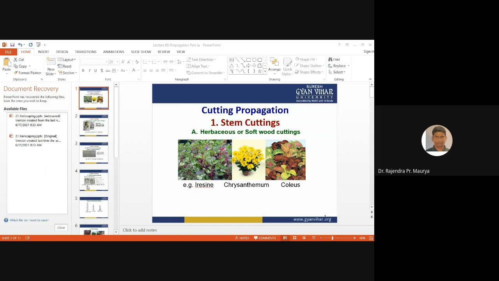So in hardwood cuttings, we are taking fully mature, fully lignified cuttings from the stem. So that food material is stored in the stem.